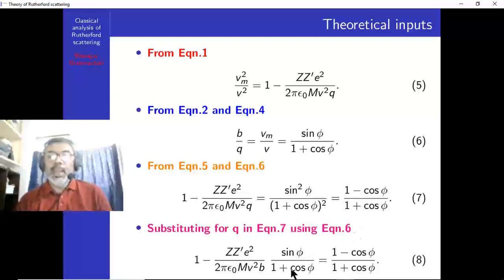Now let us multiply both sides with 1 plus cos phi. Then this 1 plus cos phi goes, and here we have a 1 plus cos phi. This 1 cancels with this 1. This cos phi comes to the other side, becomes minus 2 cos phi. And this minus goes. That means we have, right hand side, plus 2 cos phi. So that is what we have got.